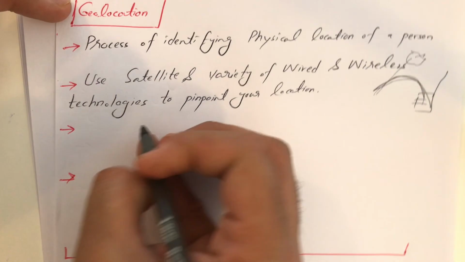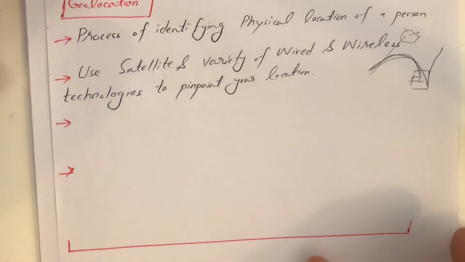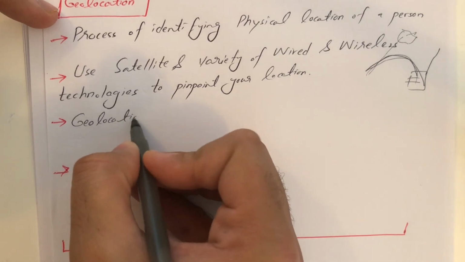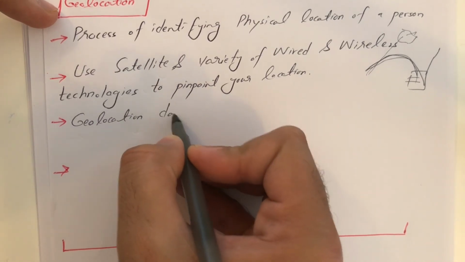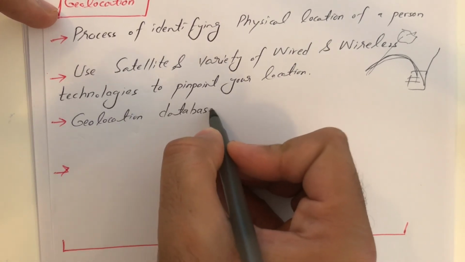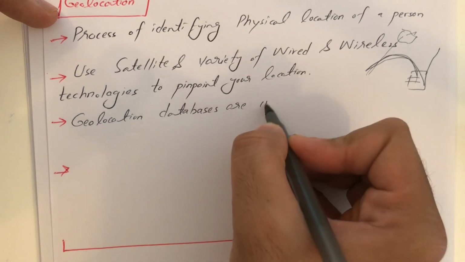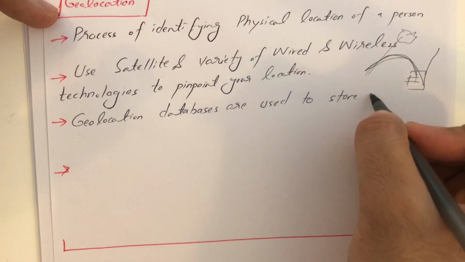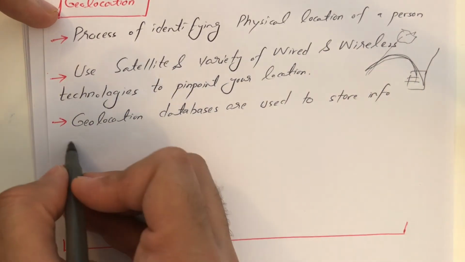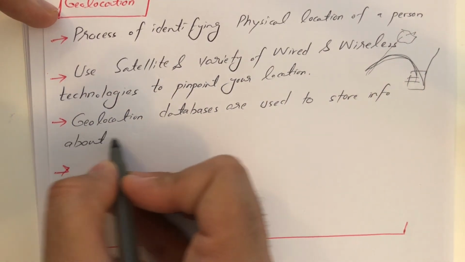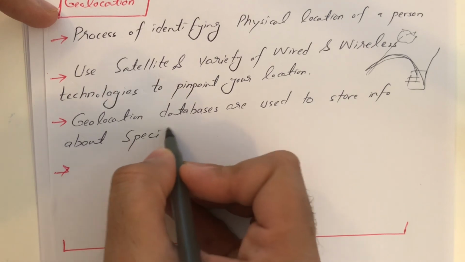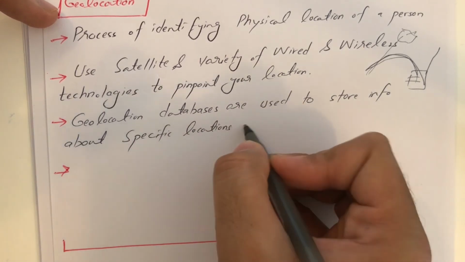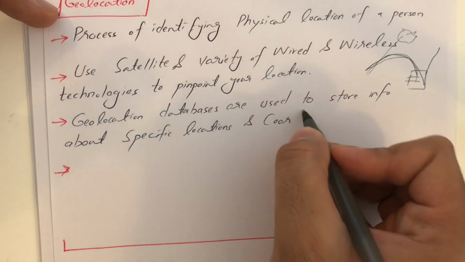Okay, so geolocation databases are used to store information about specific locations and their coordinates.